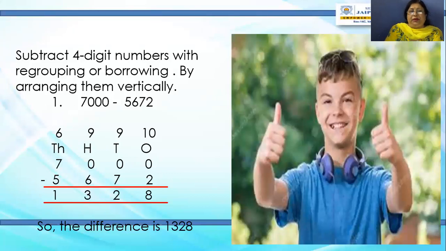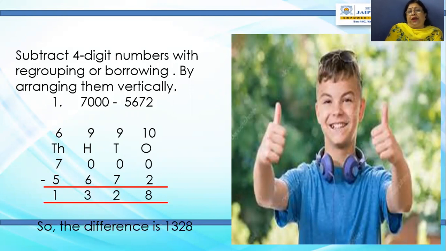The first number is 7000, and the smaller number is 5672. So we have written 7 at thousands place and 0 at hundreds, 0 at tens, 0 at ones. Second number is 2 at ones place, 7 at tens place, 6 at hundreds place, and 5 at thousands place.